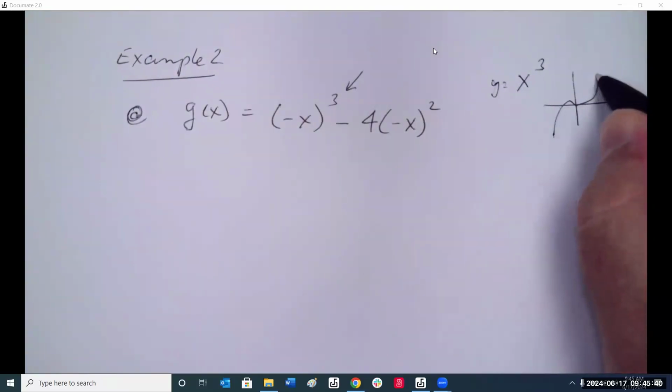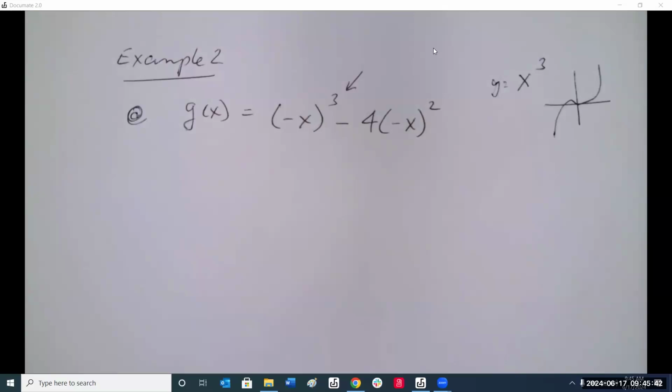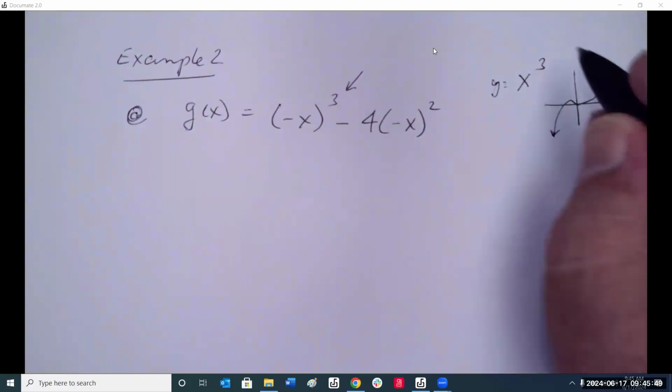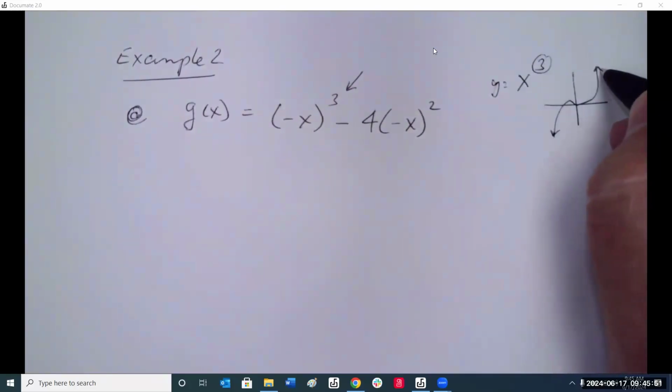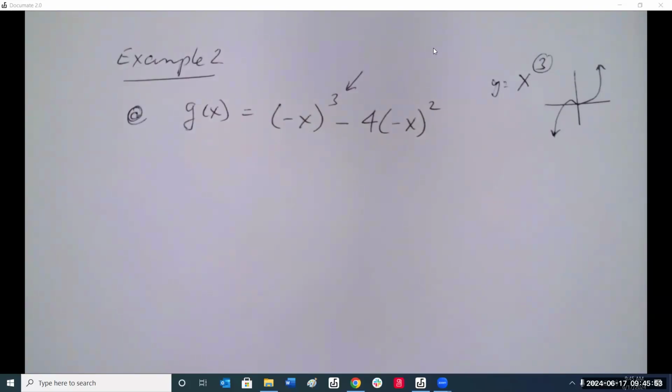That graph looks something like this. Which means since it's an odd exponent, both ends go different directions.